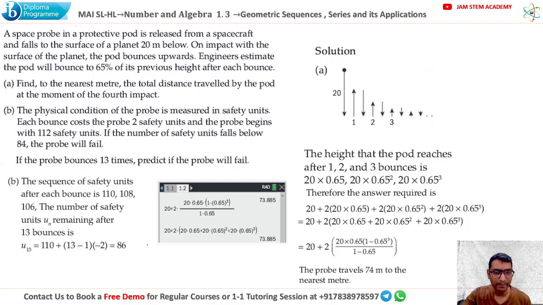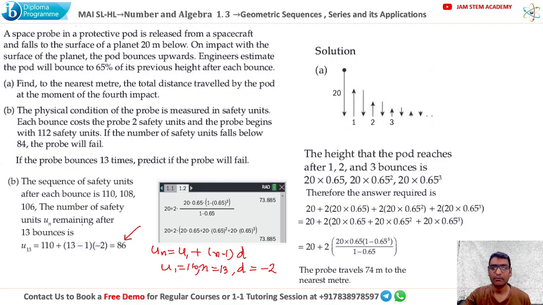It is given by un equals u1 plus n minus 1 times d, where n is 13, the common difference d is -2 and the first term is 110. When I use this, I got u13 as 86. After 13 bounces, we still have 86 points.